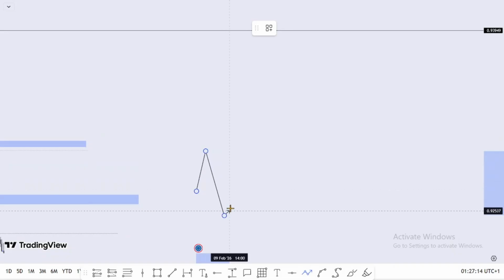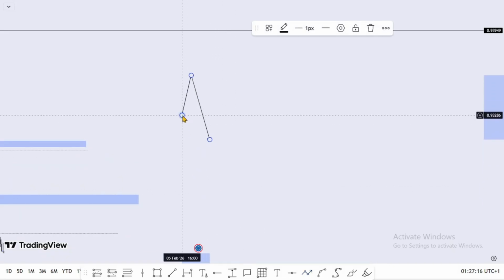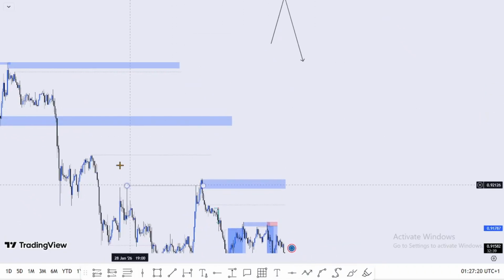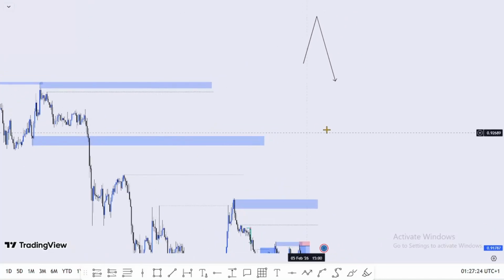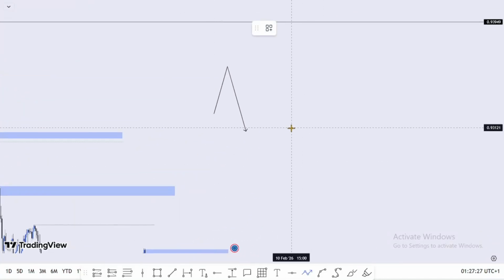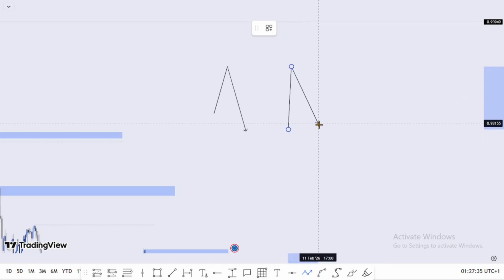We can either have a swing high, basically a swing made up of three candles. Example: this is a swing high, this is a swing high, this is a swing high. Or we can have an equal high like this, where price creates relative equal highs, right?